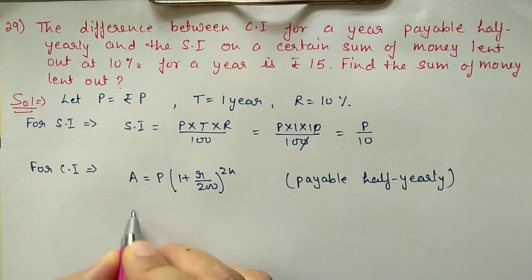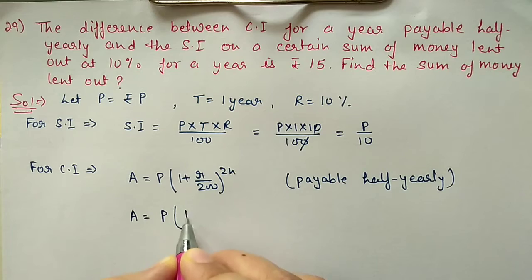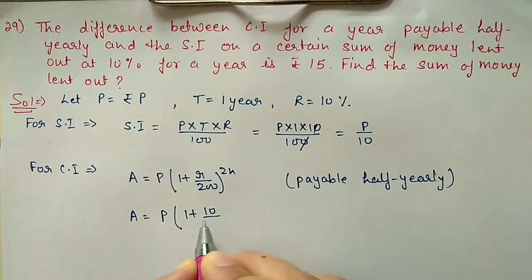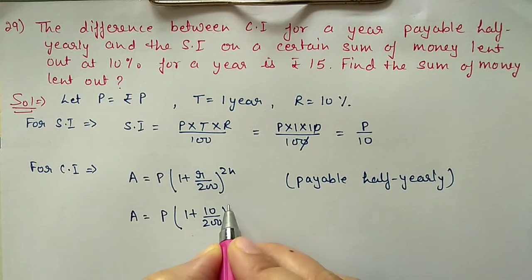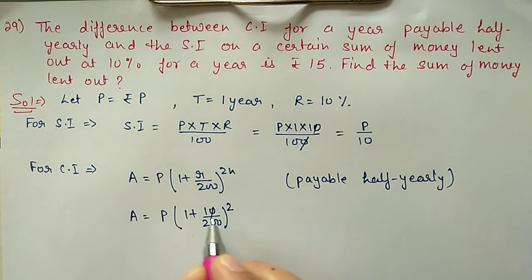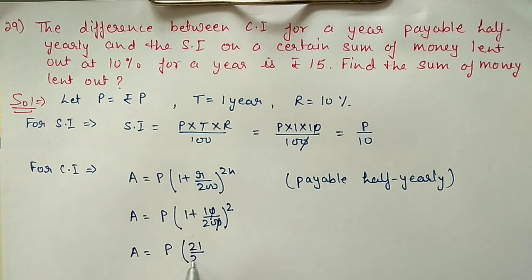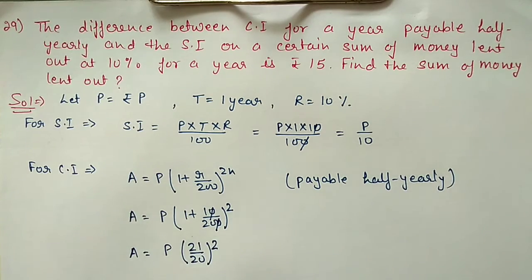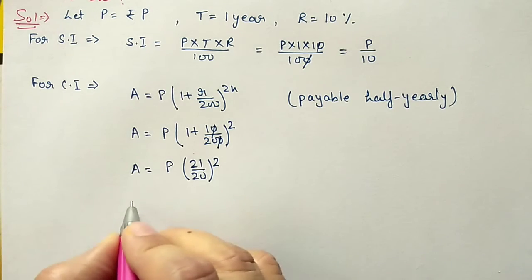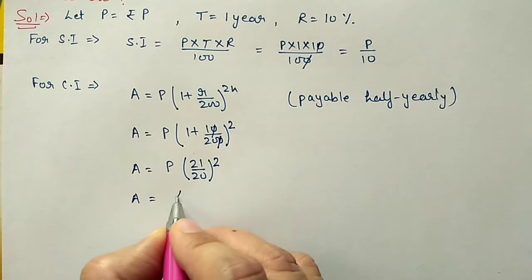Substitute values here. A is equal to P into (1 plus 10 by 200) to the power 2 into 1, it will become 2. 10 we can cancel out, and after simplification we will get (21 by 20) to the power 2. More we will simplify.